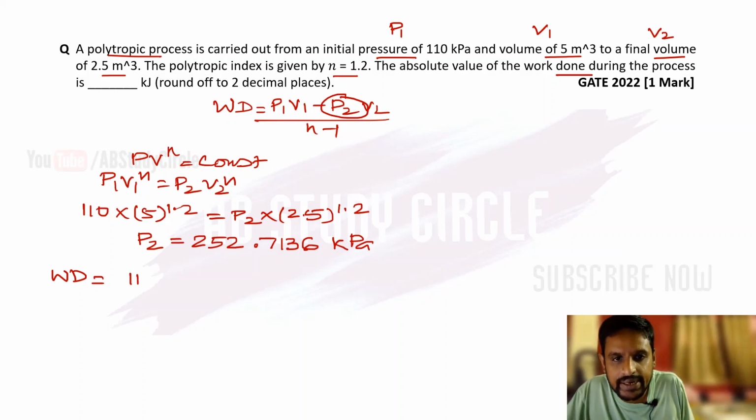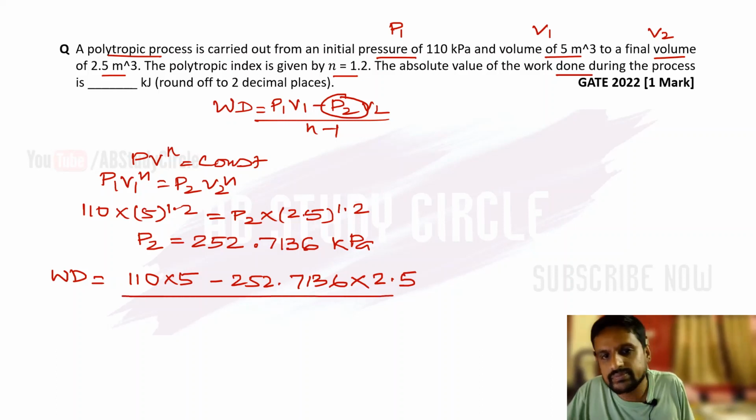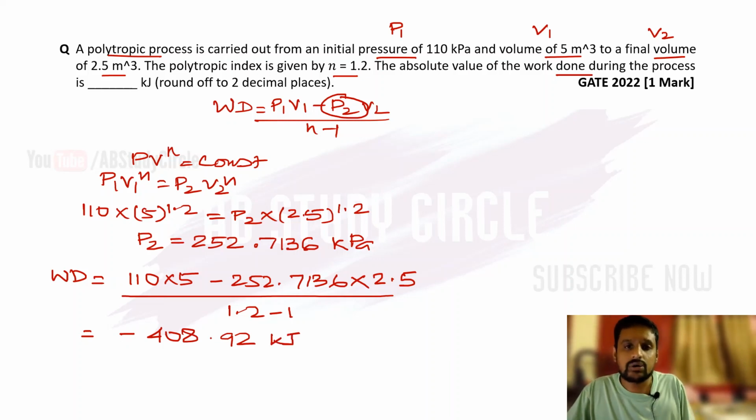P1 V1, that is 110 multiplied by 5, minus 252.7136 multiplied by 2.5, divided by n minus 1, that is 1.2 minus 1, and you will get it as minus 408.92 kilojoule.